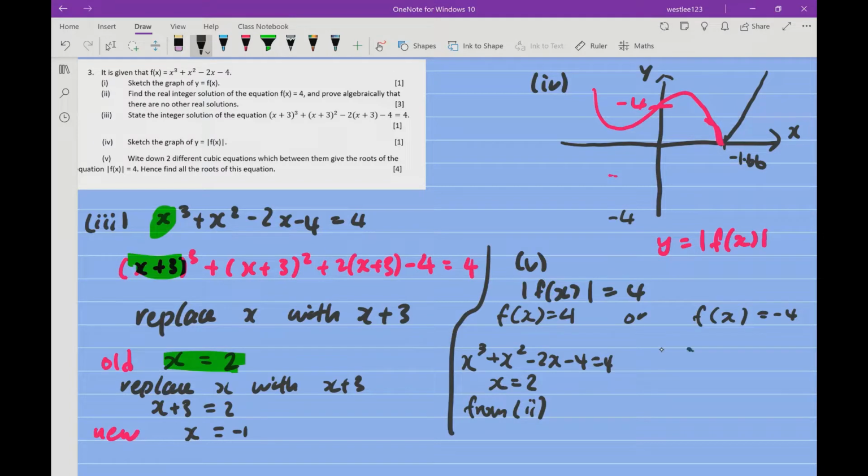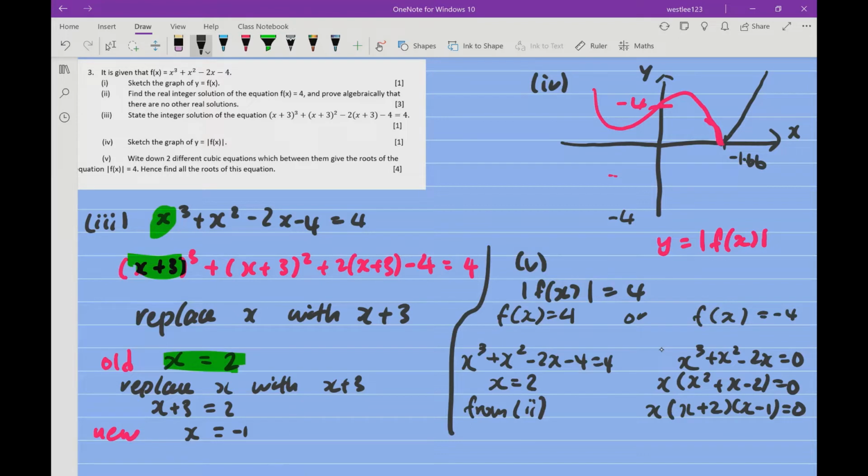But for f(x) equals -4, you have x cubed plus x squared minus 2x equals 0. To solve this, you factorize. You can take out x, and then you do cross factorization for x squared plus x minus 2, which gives you (x plus 2)(x minus 1) equals 0.